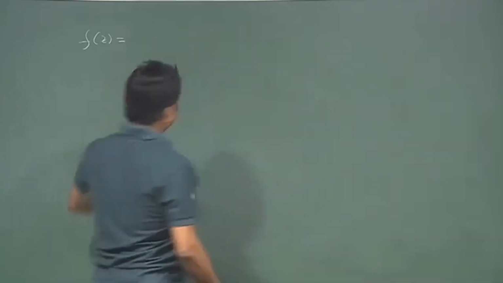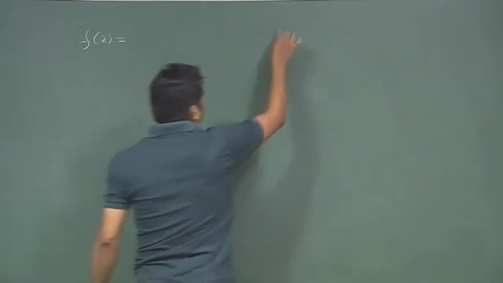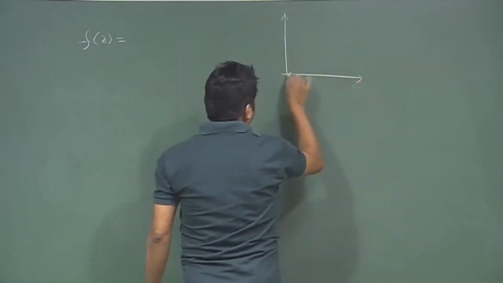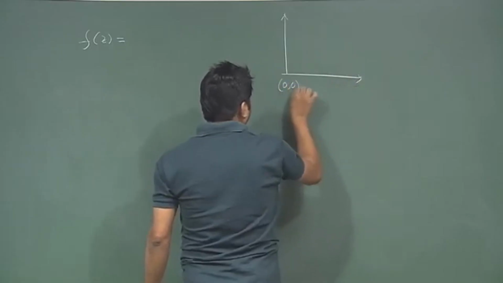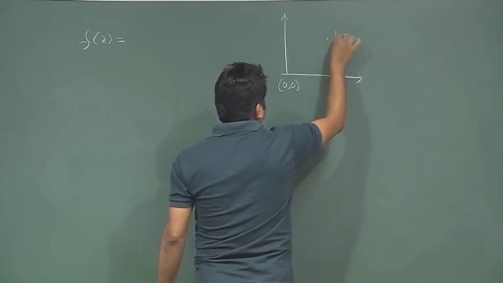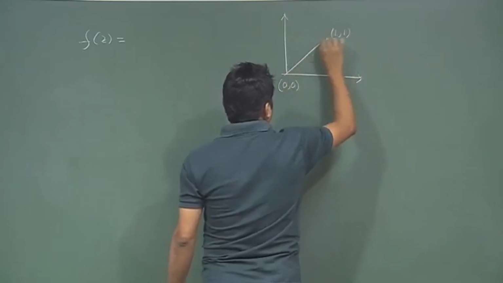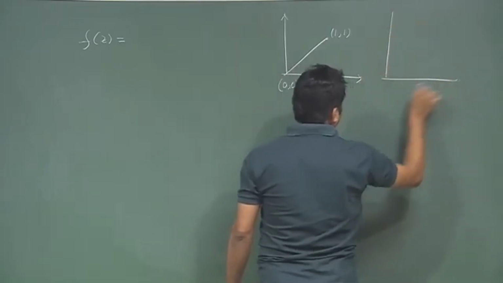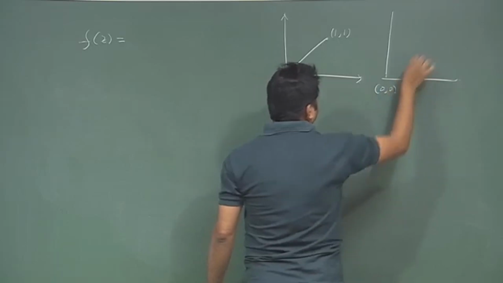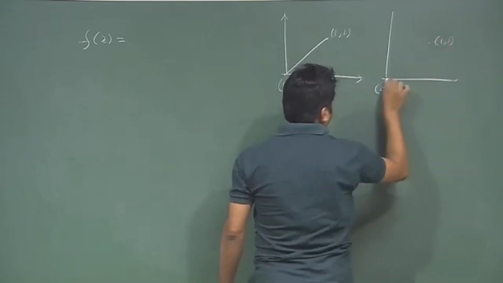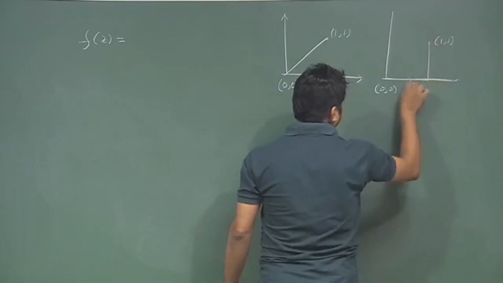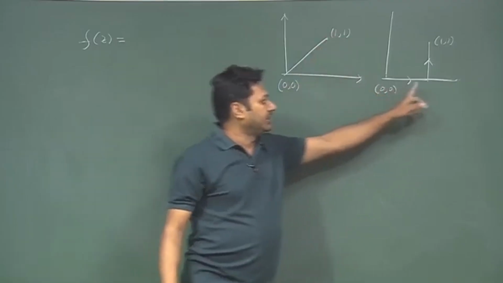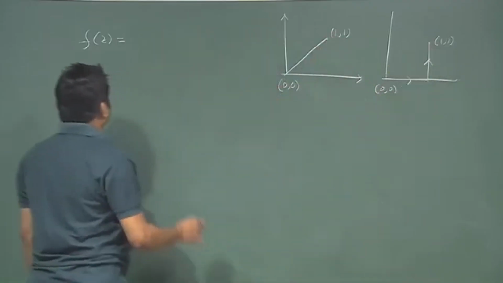I am not going to do the entire 3 paths, but 2 different paths, from 0 0 to 1 1. I am going directly from here to here, and another I am going this way, just to check. This is only for checking.